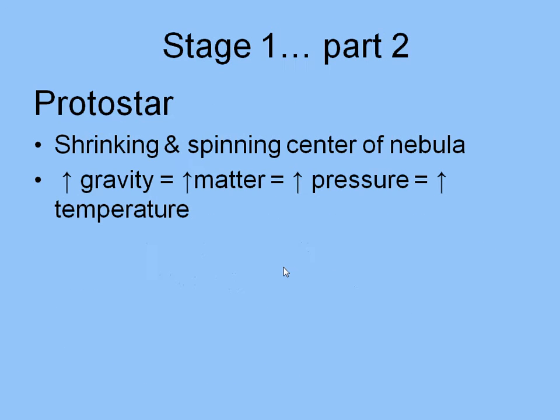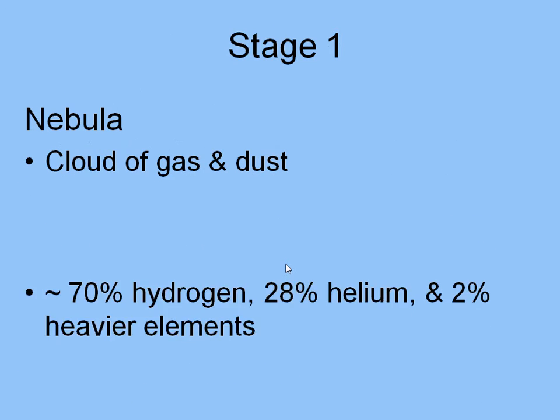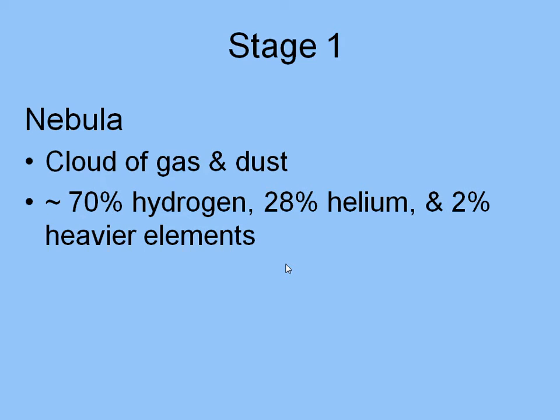But the reason I tell you this is that if we think about the gas that's there, 70% is hydrogen, 28% is helium, and only a very, very small amount is the heavier elements. Now, think about this. Hydrogen and helium. What's a star made of? Hydrogen, helium.